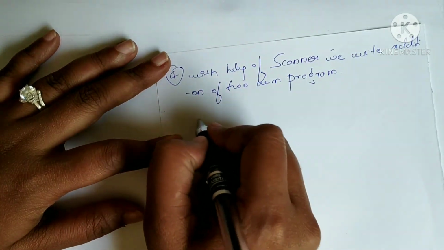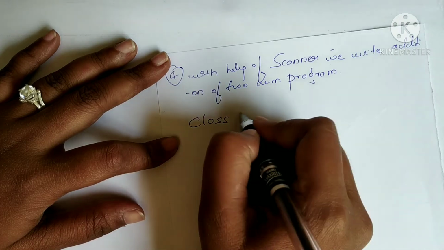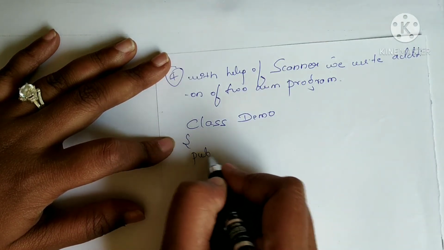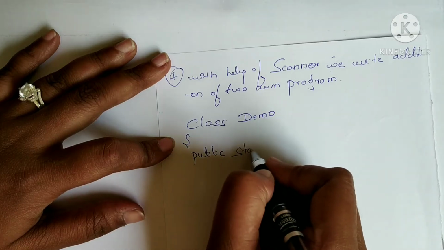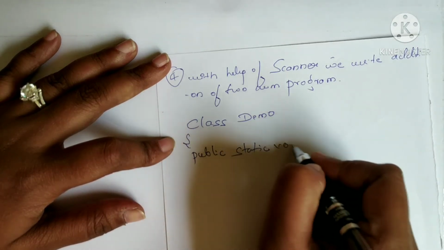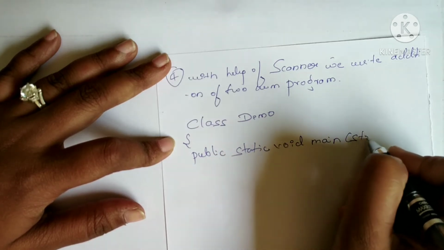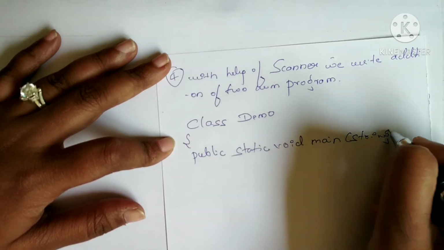As usual, we start with a class name, demo. In this main method, that is public static void main, we are going to pass string args.